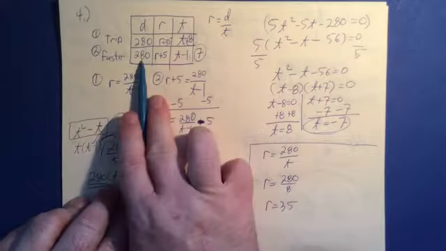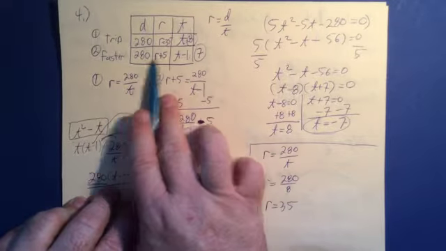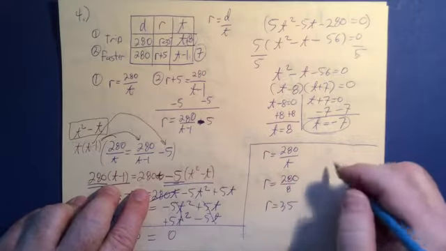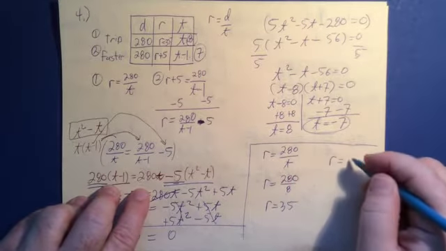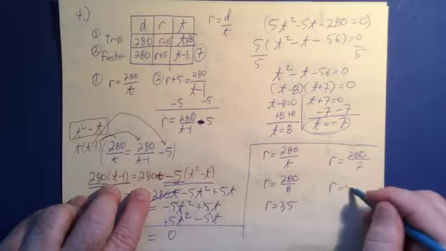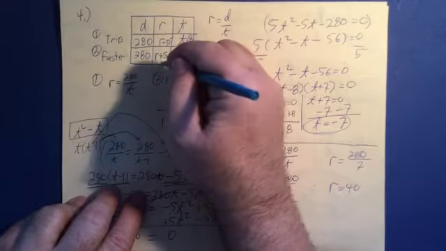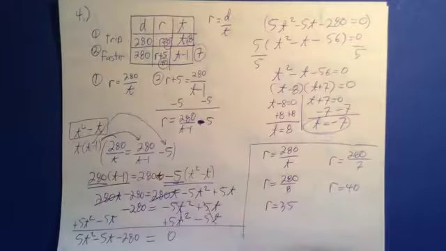We're going to try this one down here where we have 280 for the distance and 7 hours for the time. So we have here r equals 280 divided by 7, and here r equals 40. So if r is equal to 35, r plus 5 equals 40, then it looks like we've got the correct answer to this. However, make sure to look at what the question is asking.